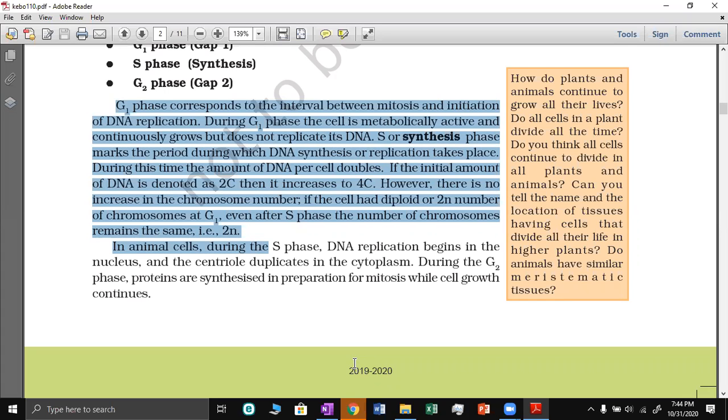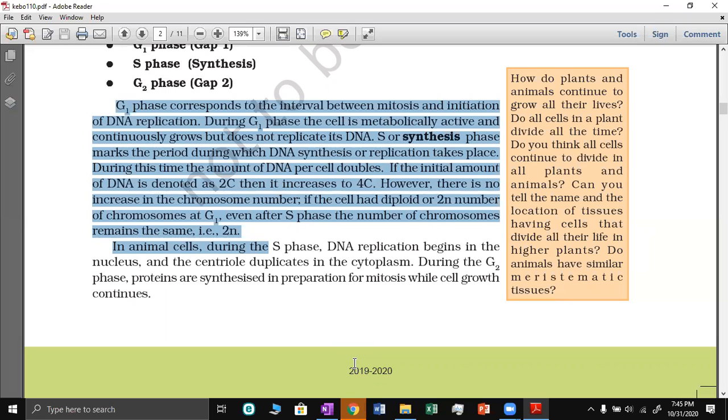This 4C condition prevails for some time until the cell divides into two daughter cells. So when the cell is dividing, during the prophase, metaphase, anaphase, the cell is still having 4C content of DNA starting from S phase.